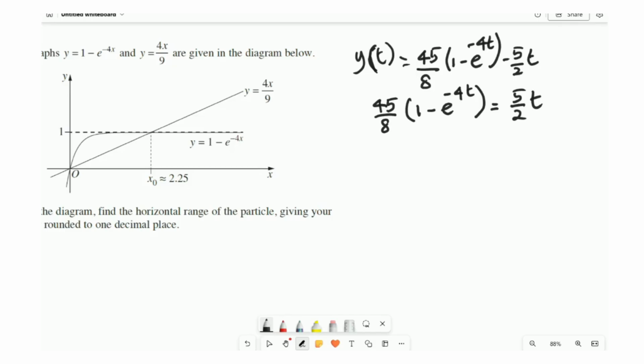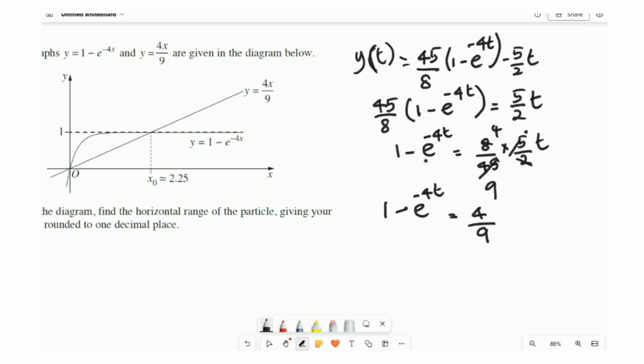So we can divide both sides by 45 over 8. So that is 1 minus e to the power minus 4t is equal to 8 divided by 45 times 5 divided by 2 t. So this is 9, this is 4. So therefore 1 minus e to the power minus 4t is equal to 4 over 9 t.